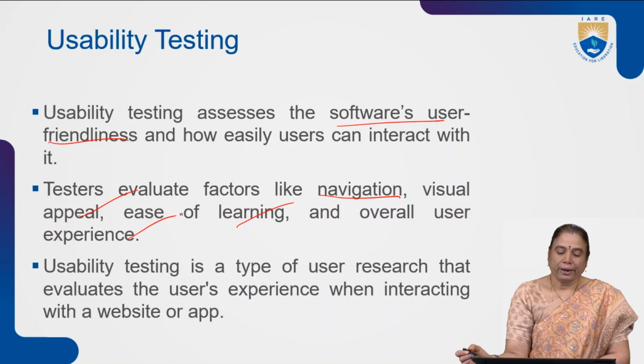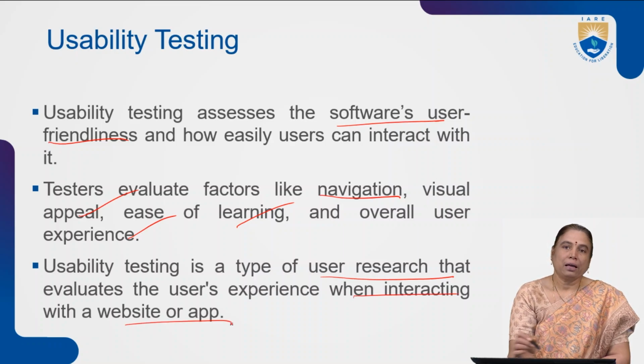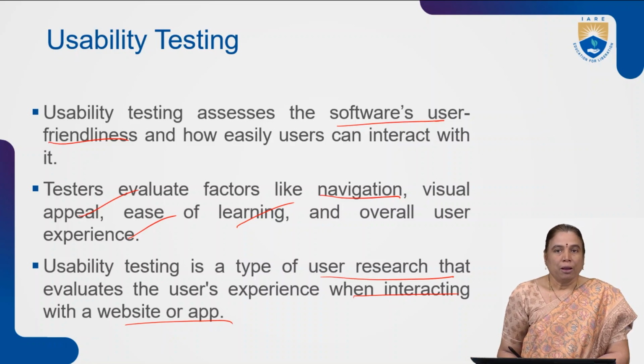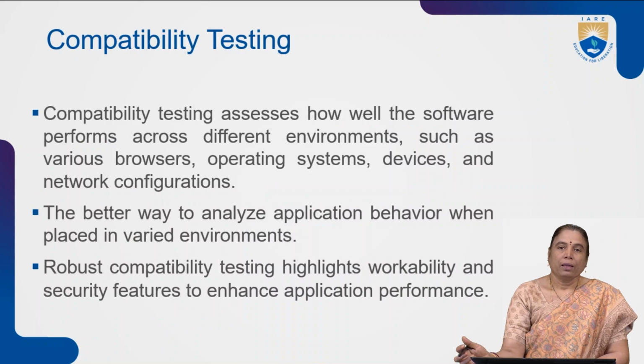Usability testing is a type of user research that evaluates the user experience when interacting with a website or application. So the user experience in interacting with the system is verified in usability testing.